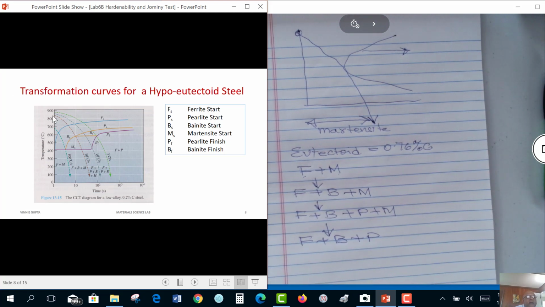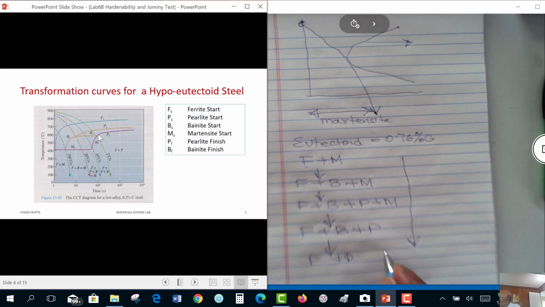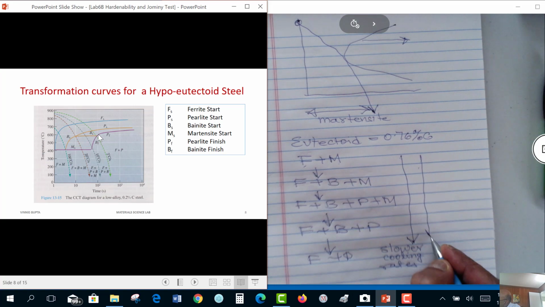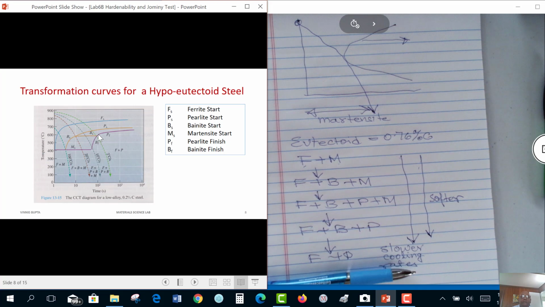Then we have the slowest cooling curve, 2 degrees per second, which misses but cuts the pearlite finish. So as we go down here, slower cooling rates, the material is also becoming softer, right?